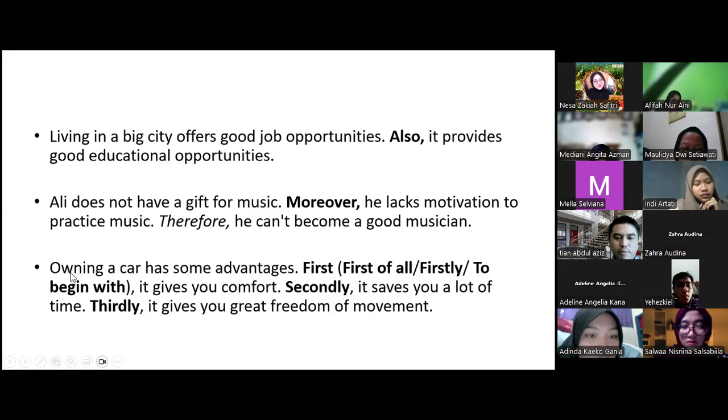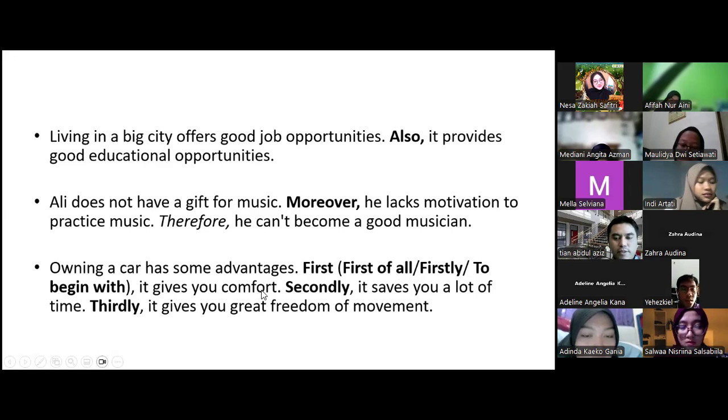And for explaining this main thesis, we see the second sentence. First, or you may use first of all, firstly, or to begin with, it gives you comfort.